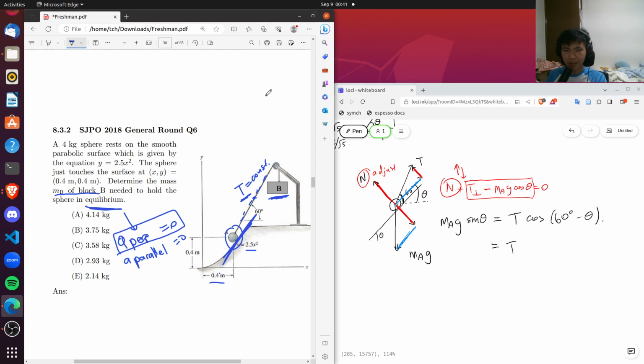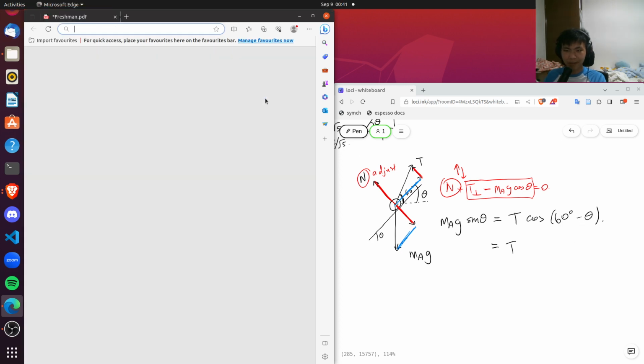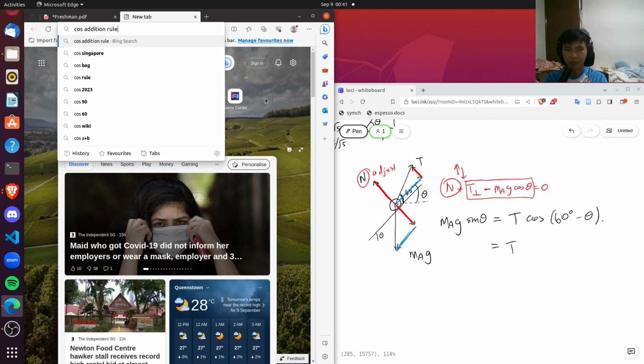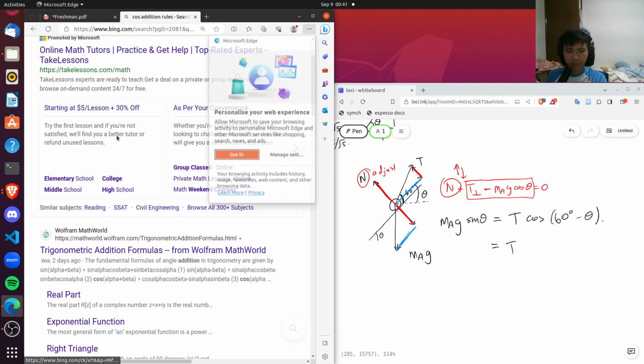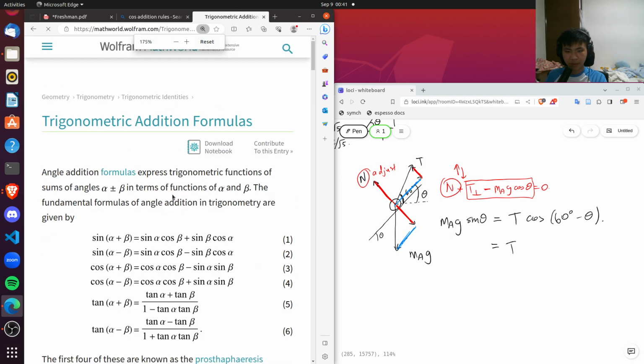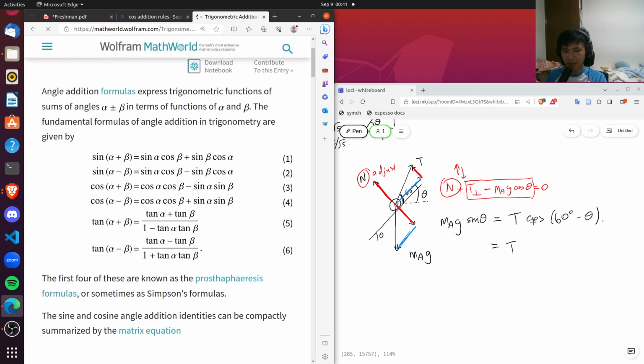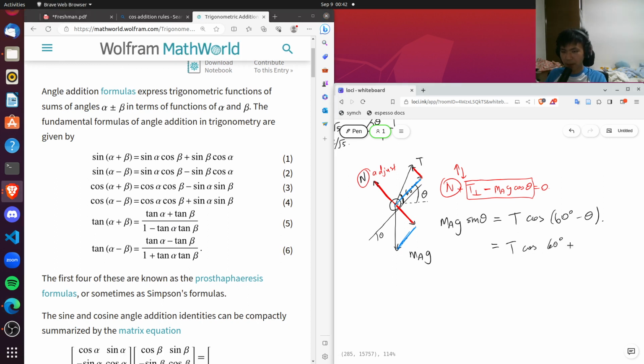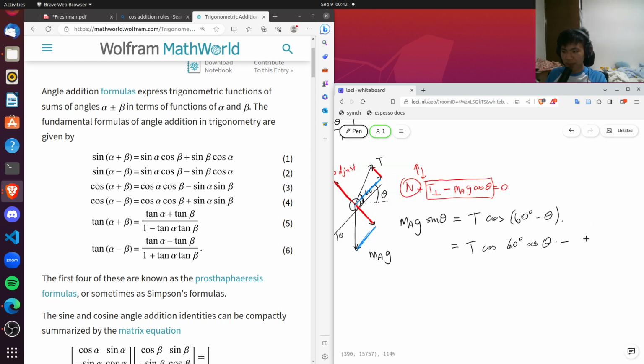If I refuse to calculate the angle theta, I can use the cosine addition rules. Cosine addition rules tell me that cosine of alpha minus beta is cosine alpha cosine beta plus sine alpha sine beta.